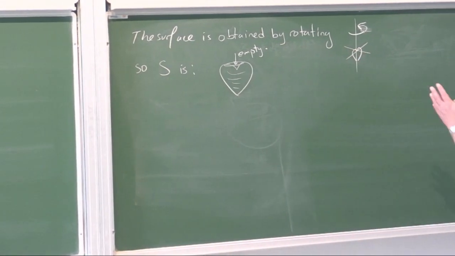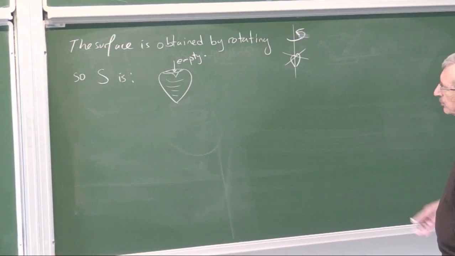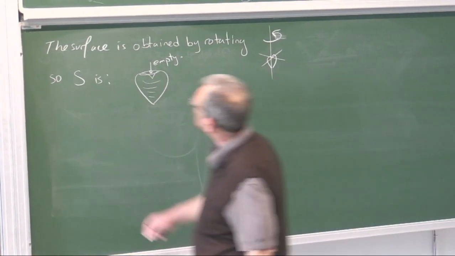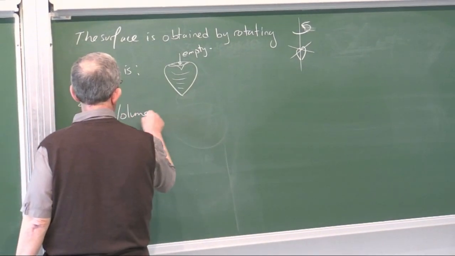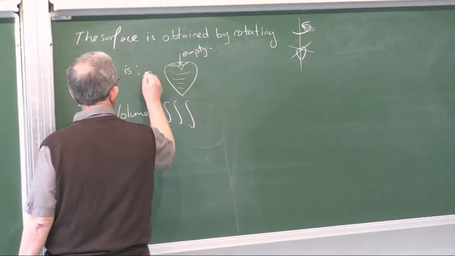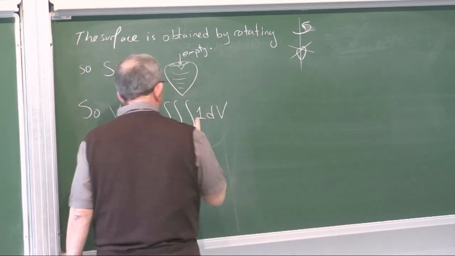Now, because it's given in the spherical system, we of course use the spherical system. So the volume would be the triple integral over S of 1 dV, but everything in Cartesian.